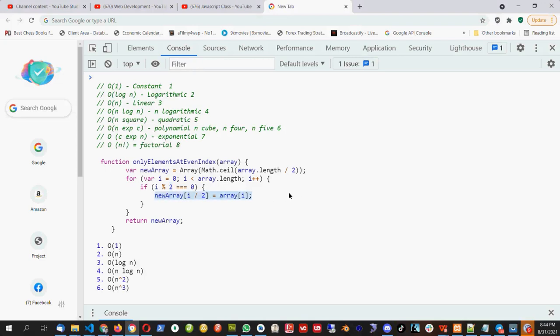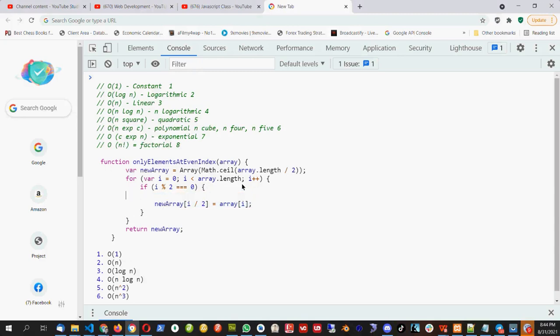Don't worry about what we do. That means if the number is 2, 4, 6, 8, we do something. Let me write down: do something if number is even. If the number is even, I do something and I return the new array. So what is the complexity of this one?